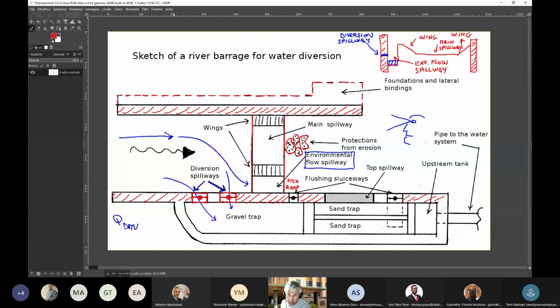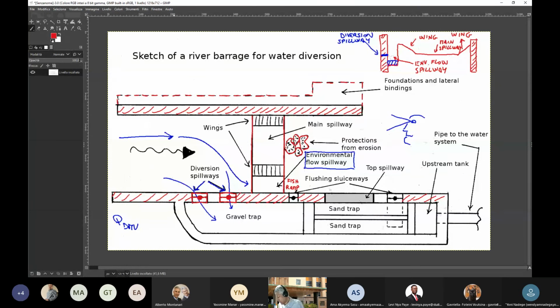Because if you exceed the 15 meters, you go under the regulation of the dams, and it's something that you definitely want to avoid, okay? So you have to keep in mind these two extremes: not too low, because you want to make sure that you have some accumulation of water upstream, because in this way you stabilize the water level; not too high, not more than 15 meters. And then by keeping in mind these two extreme constraints, you design the elevation.